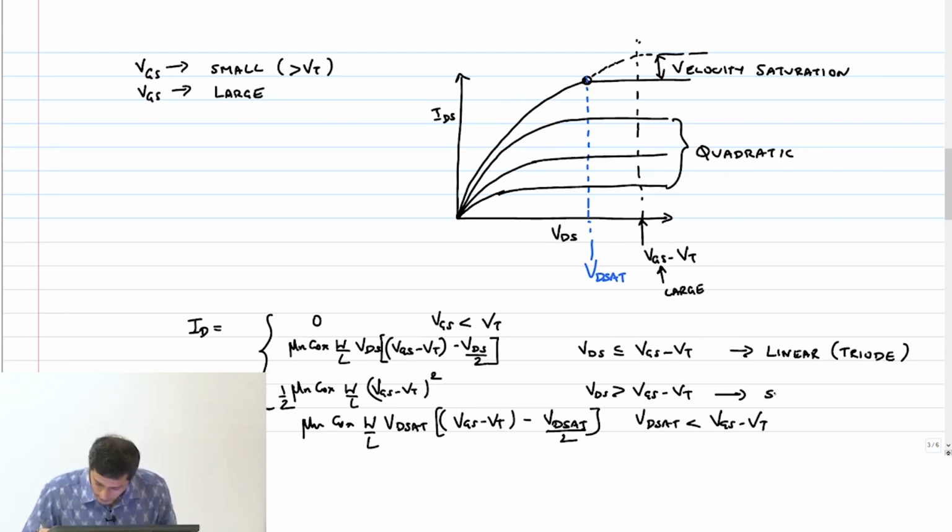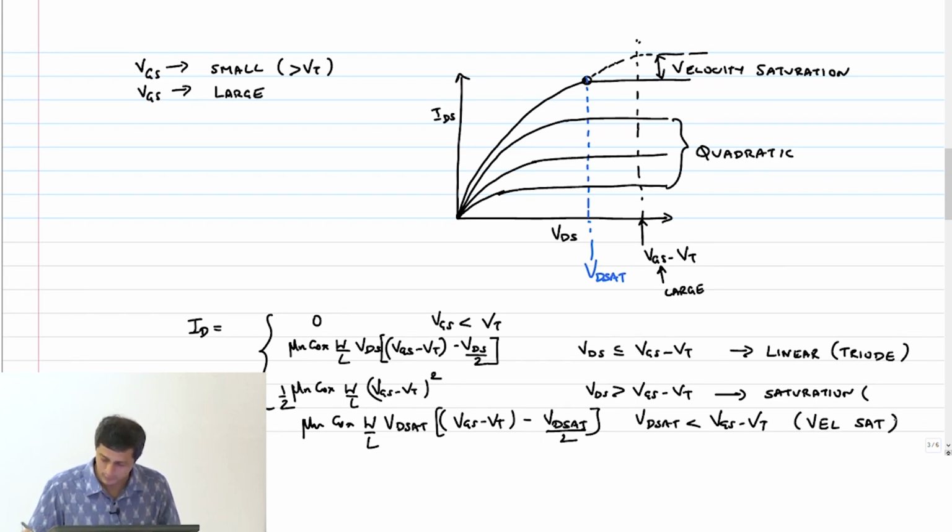This is the saturation region, and this region is called velocity saturation. So now I have 3 different regions of operation, and this can be quite confusing, and therefore we have what is known as a unified current model.